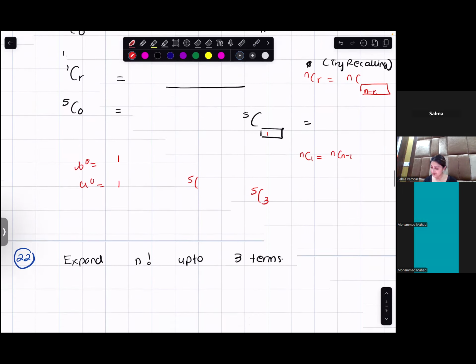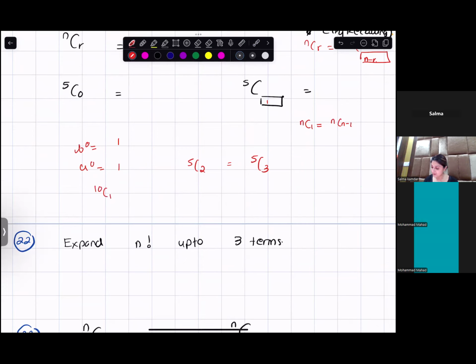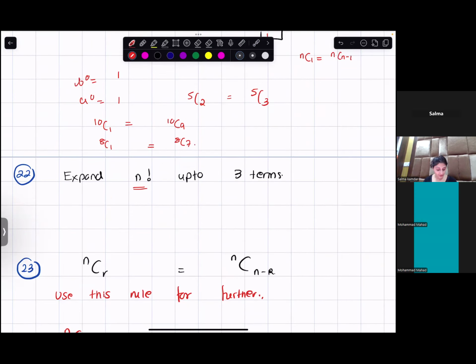If I have 10C1, it will always be equal to 10C9. If I have 8C1, it will always be equal to 8C7. Now, if I want to expand n factorial up to 3 terms, what will it be?